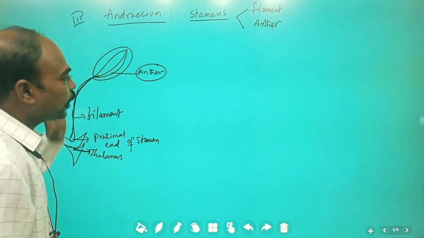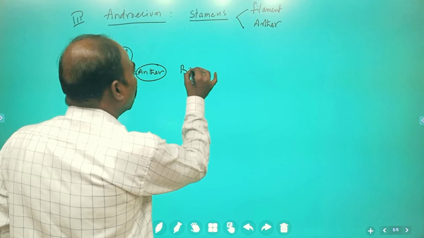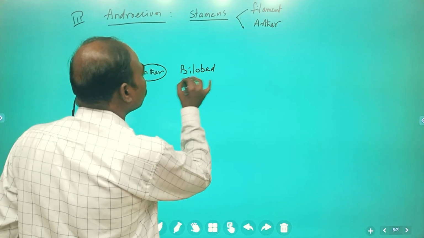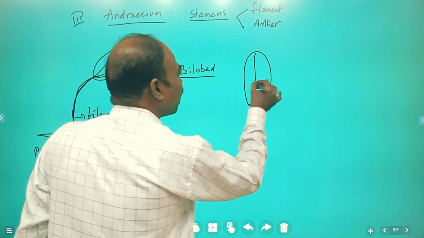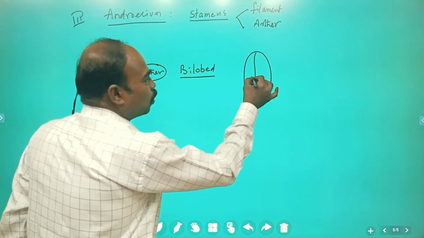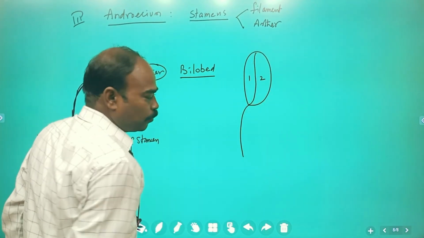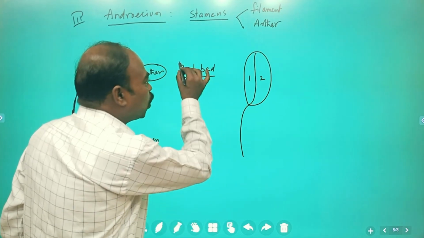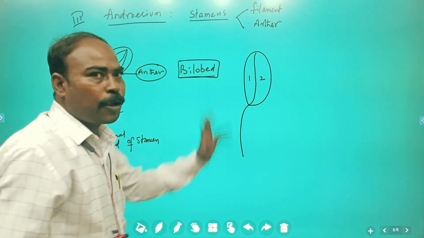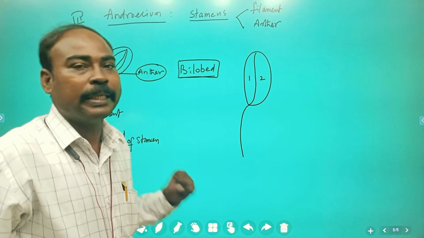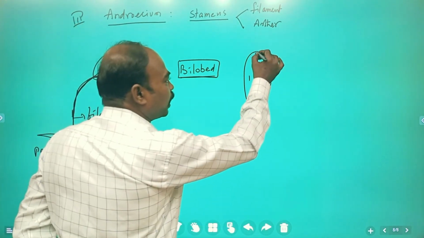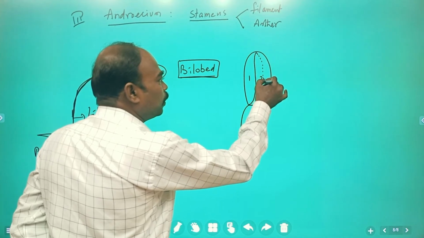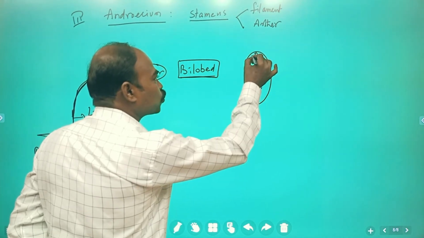Generally, the anther is bilobed, meaning it has two lobes. Lobe 1, lobe 2. In these bilobed anthers, each lobe is divisible into two pollen sacs.